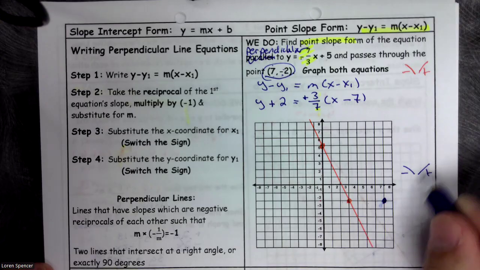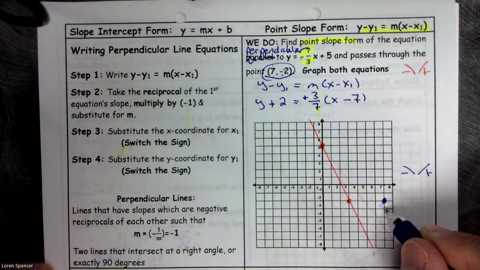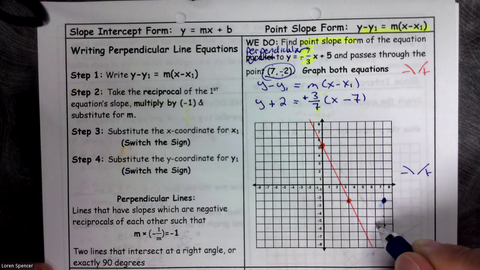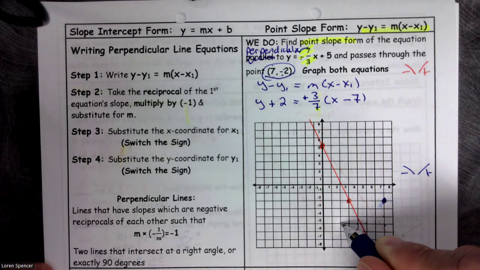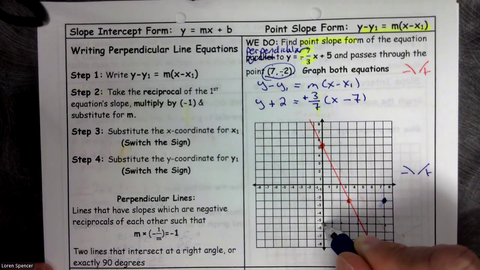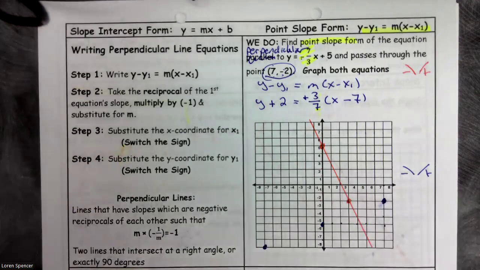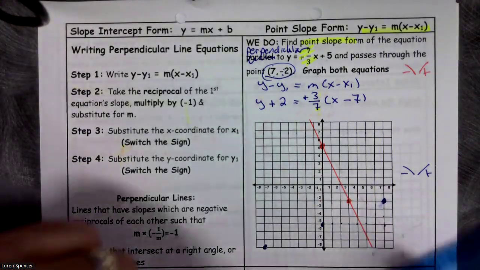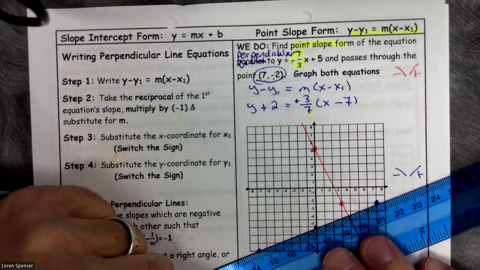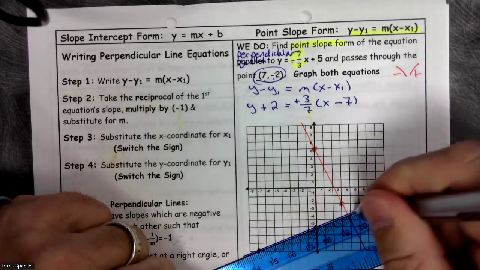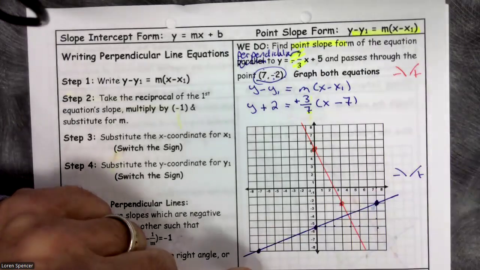So we're going to have to go down and left. So down 1, 2, 3 and over 1, 2, 3, 4, 5, 6, 7. And 1, 2, 3 and over 7. And there's my line.